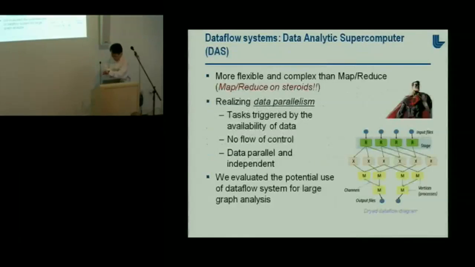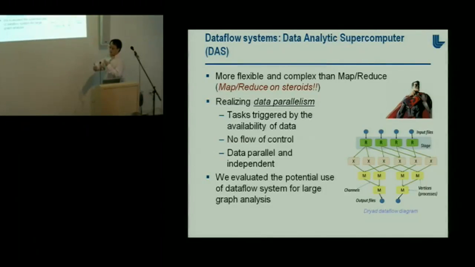Finally, we are not the only ones that recognize the problems with the MapReduce model, and people are looking at the data flow model. Microsoft, I believe, developed something called Dryad, and it looks like this. I would say the data flow model is MapReduce on steroids.